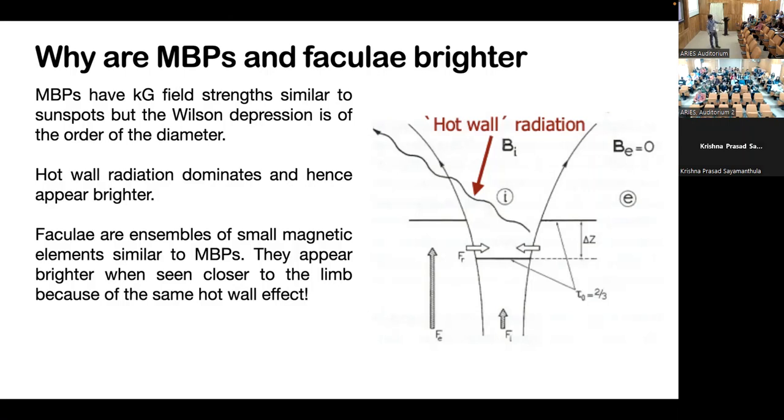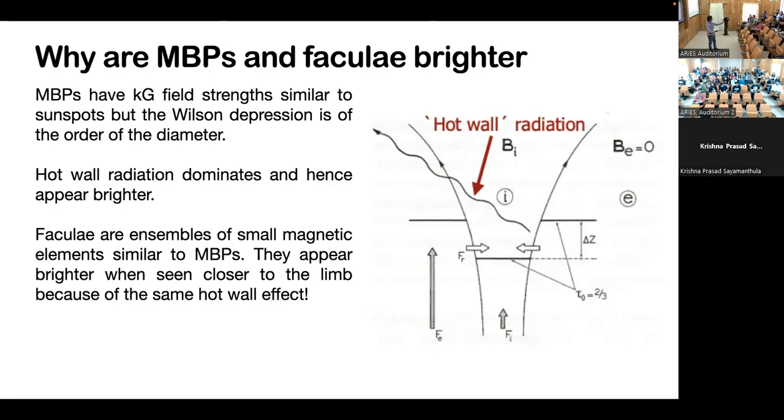Now you can ask the question, should it be the same for sunspots, right? You are again seeing deeper layers, which means you are seeing hotter layers, except the scale of sunspots is much bigger than the depression itself. The Wilson depression in the kilogauss field is the same, but the scale of the sunspot is much, much bigger.